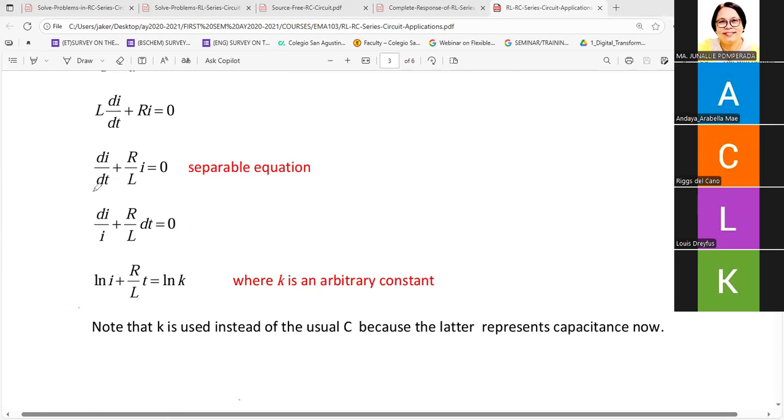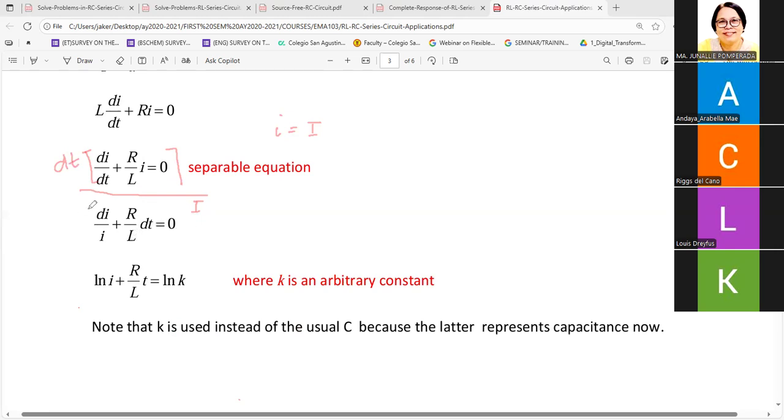If you divide this expression by I, where the small i is just the capital I, then you multiply it by dt. So if I write it properly, it's dt divided by I. You get rid of the dt here, you introduce the dI and the I in the denominator. So you have R over L times, this one will be gone because you divided by I, and what is left there is the dt.